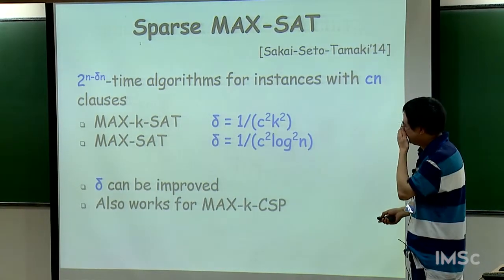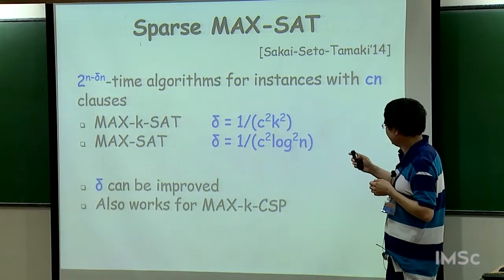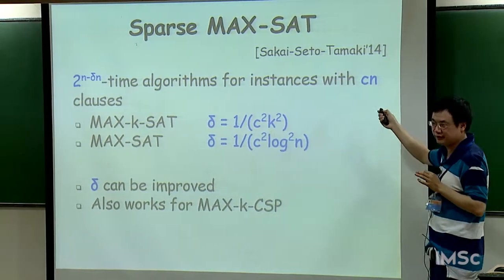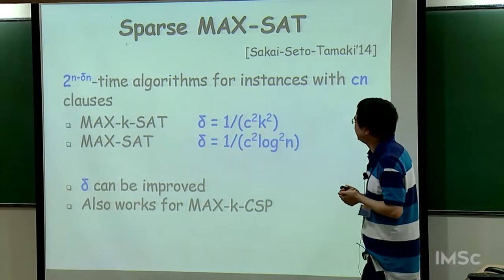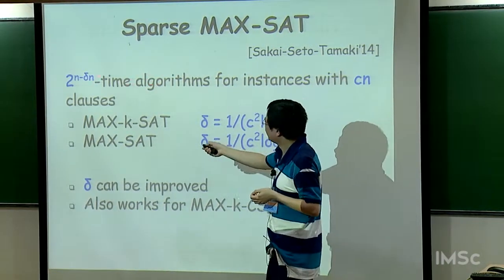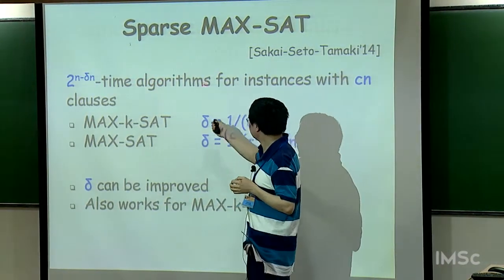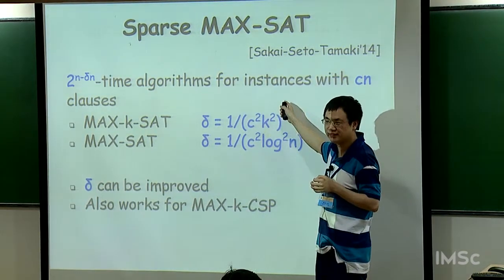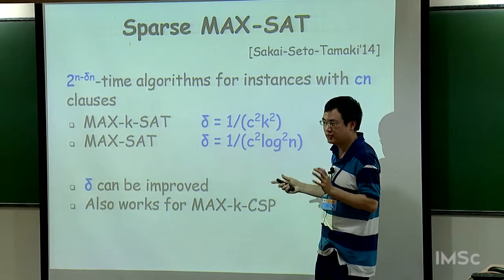Another application of the same technique applies to Max SAT, which was shown by Saitou, Sato, and Tamaki in a recent paper. So they basically give non-trivial time algorithm for sparse instances of Max SAT. By sparse, I mean there are only a linear number of clauses.